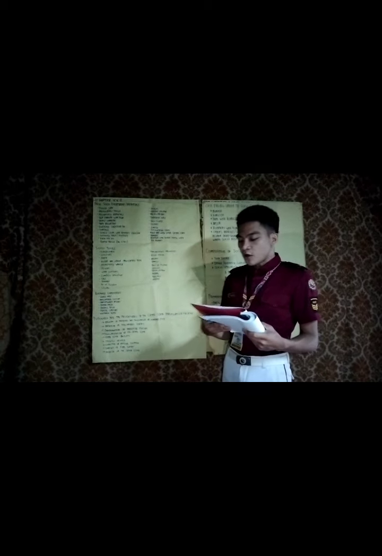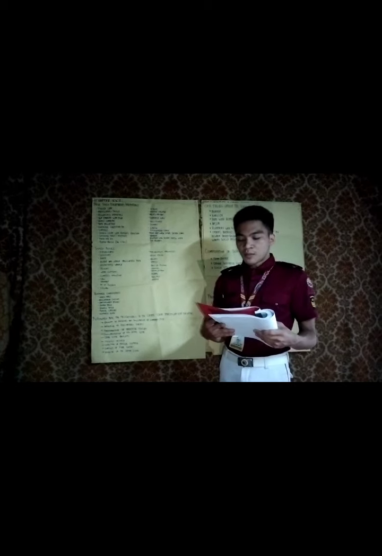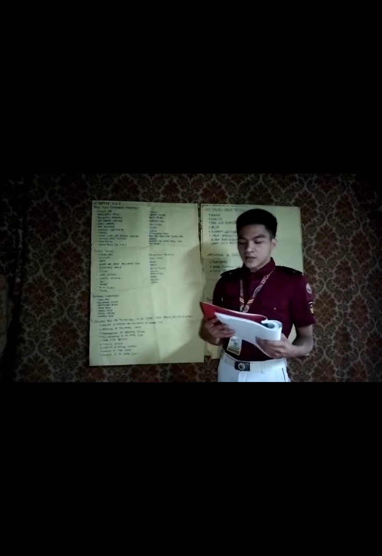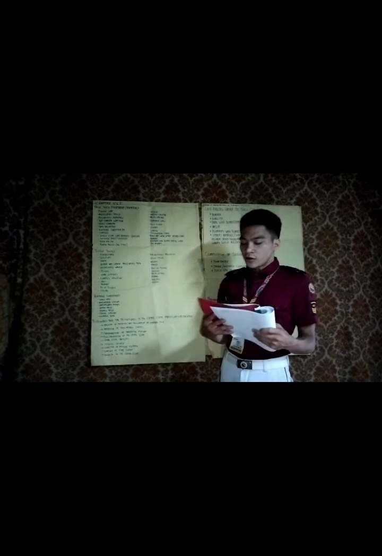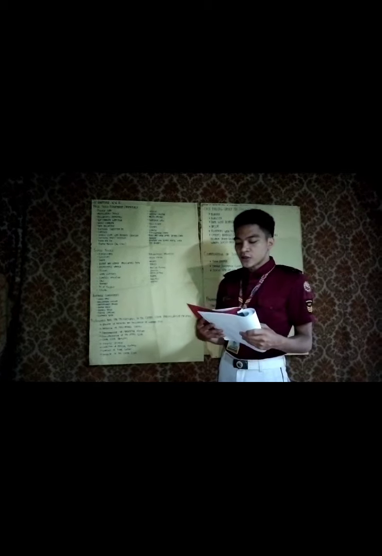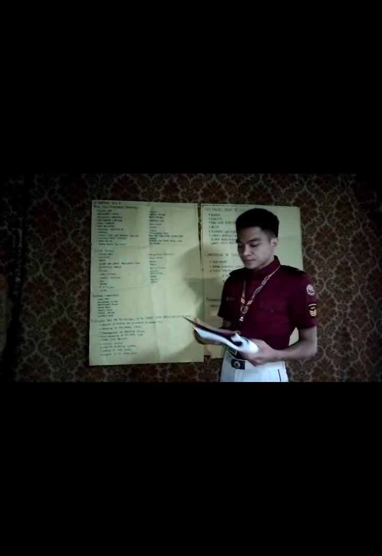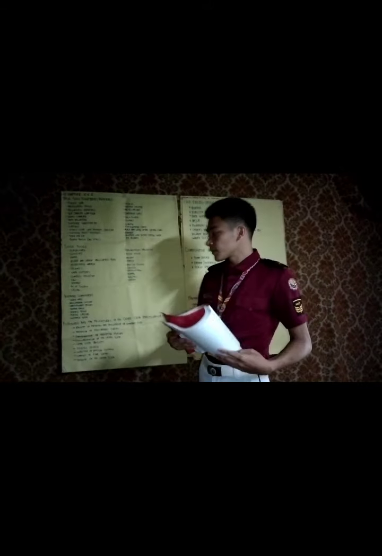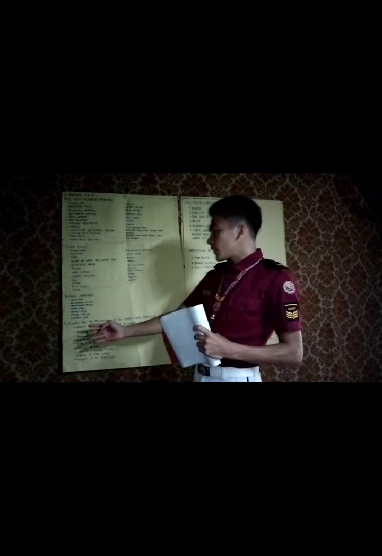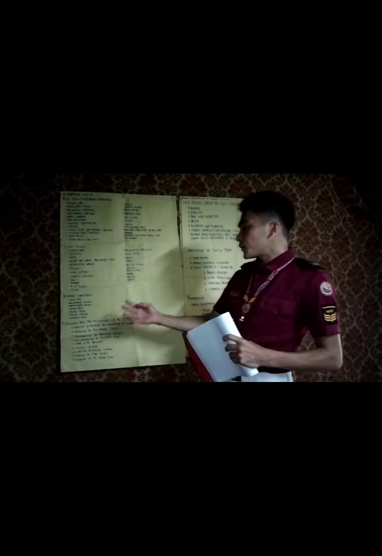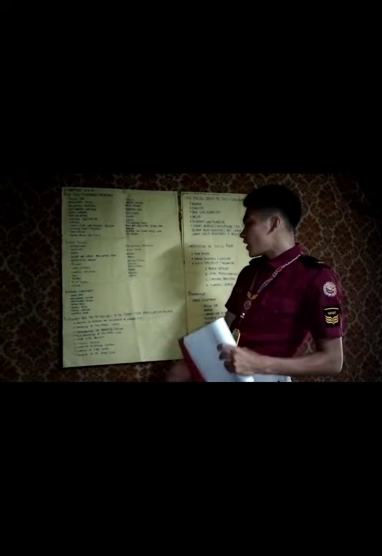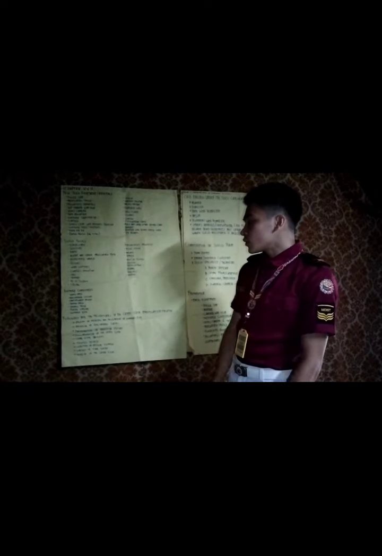It must be noted that upon formal release of the crime scene to the proper authority, a warrant is already required for re-entry of the crime scene. So these are the procedures of the crime scene investigation proper.